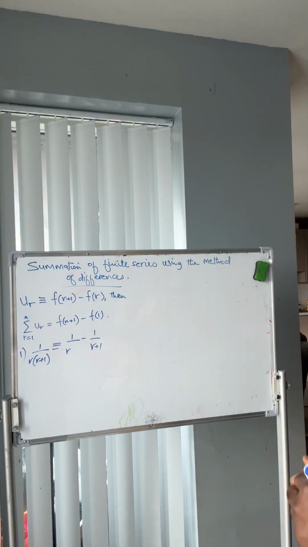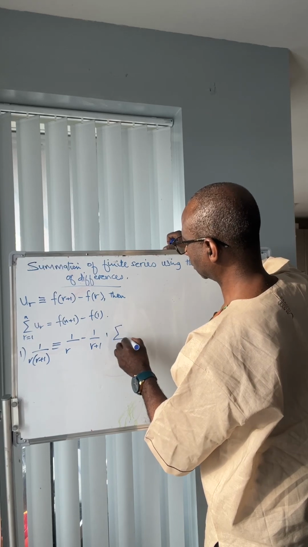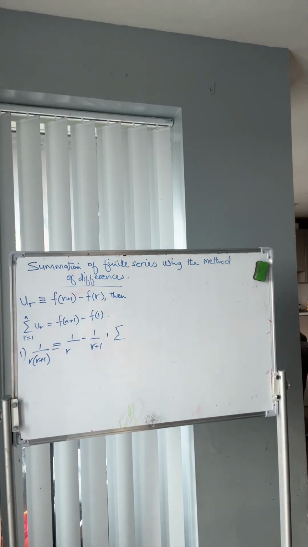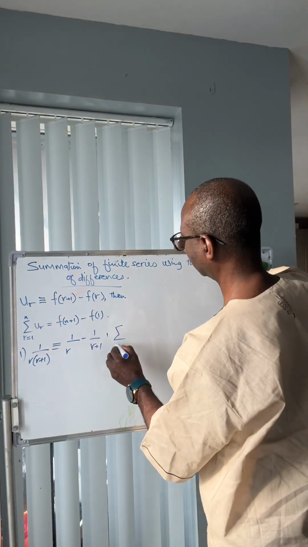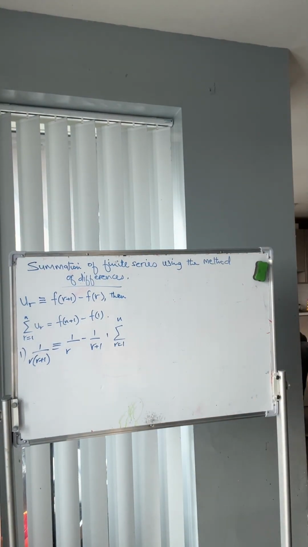So what do we do here? The question asks you to find the summation from r equals 1 to n of 1 over r into r plus 1.